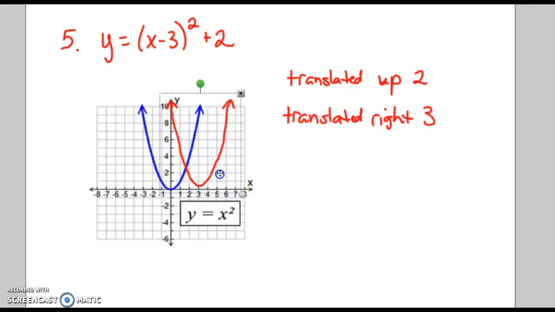So from there, I go up 2. And there's my graph. So typically you're going to be actually drawing the parabolas. It's really hard for me on this marker to make them perfect, so that's why I went ahead and just copied and pasted it. But just know that's where your vertex will move when it's being shifted.